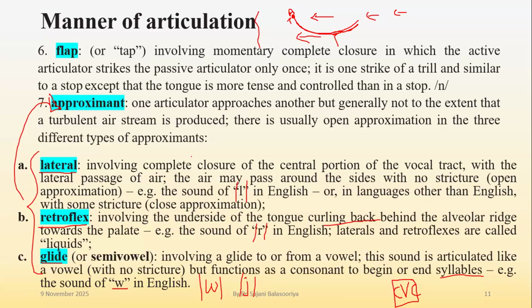Major seven categories are there. So how do you find this place and manner of articulation? Can you follow, or is it complicated, or what do you think? You got some idea? Yes? No idea.